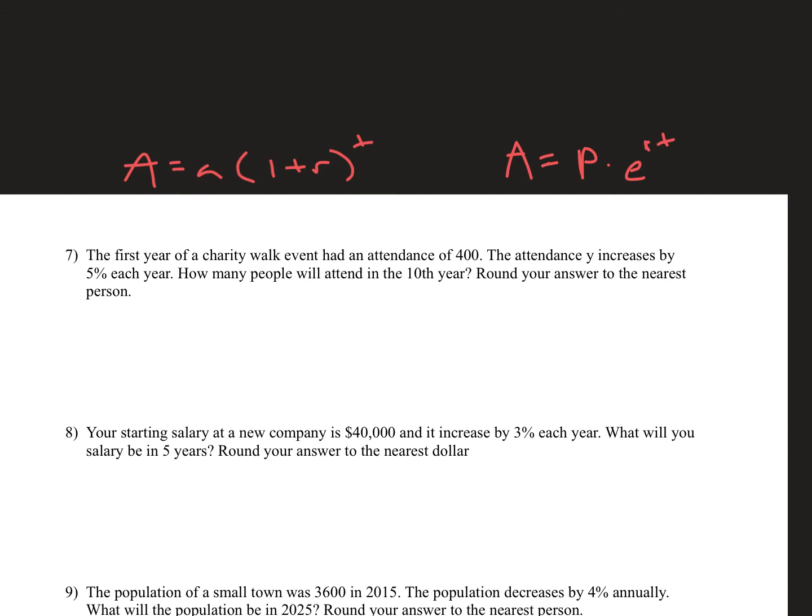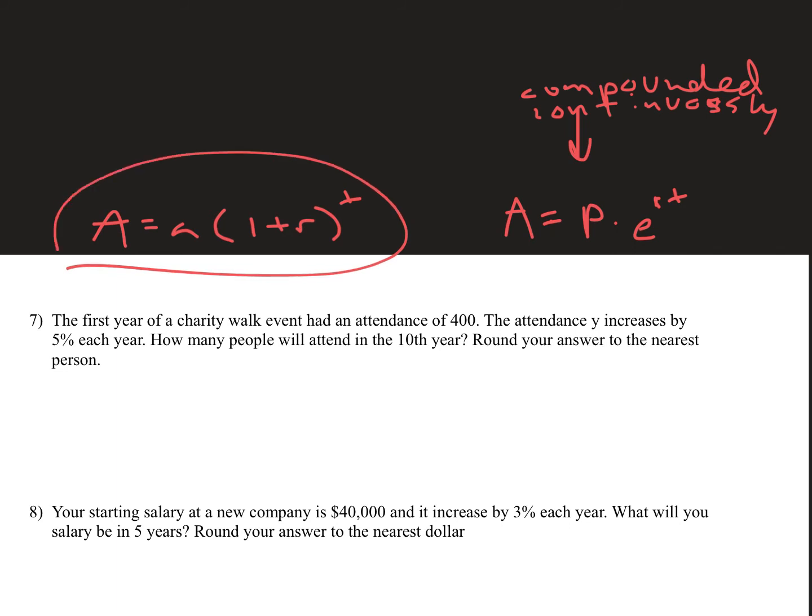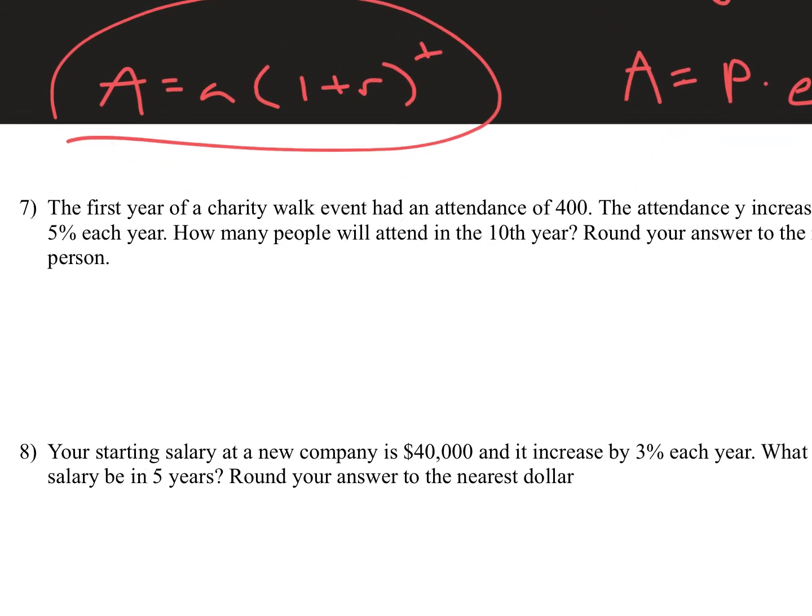We use A PERT when it says compounded continuously. If it doesn't say that, we use this one. So it's number 7. Doesn't say compounded continuously, so we're going to use our first formula here.